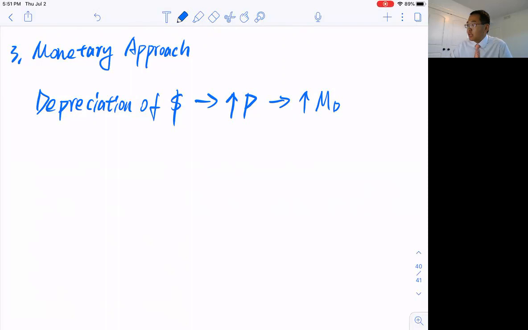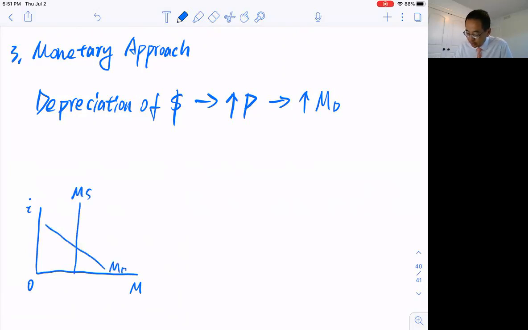If you recall, in the money market, we have the interest rate as the price of money. Here's the quantity of money, this is your money supply, and this is your money demand. When money demand increases because of inflation, you can see your interest rate is going to increase.